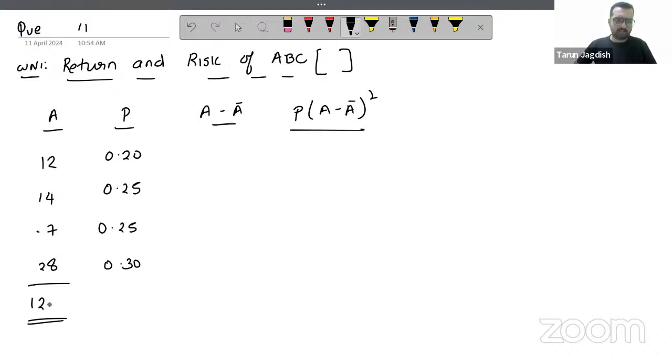Do you get the answer as 12.55 over here? Now we need to find out A minus A bar. That will be minus 0.55, 1.45, minus 19.55, plus 15.45.